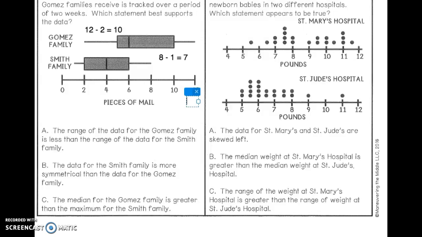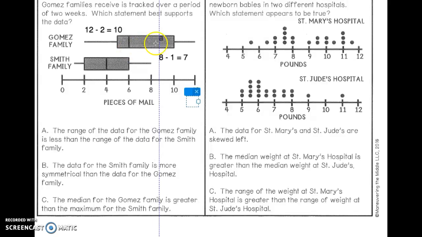Well, in order to find symmetrical, look at the median here for the Smith family, right there. It looks like it splits the box exactly in half. Maybe not exactly, but pretty close. So when the median splits the box pretty close to in half, you have some symmetry.